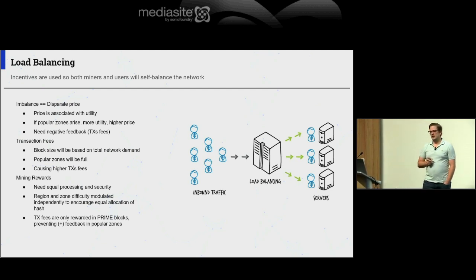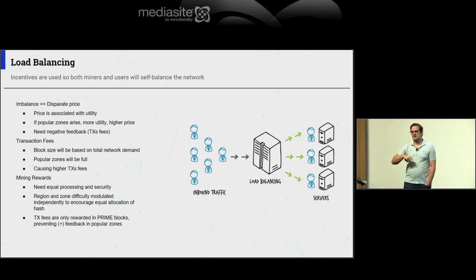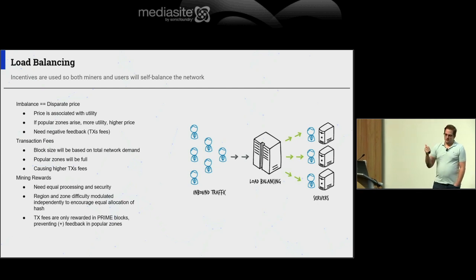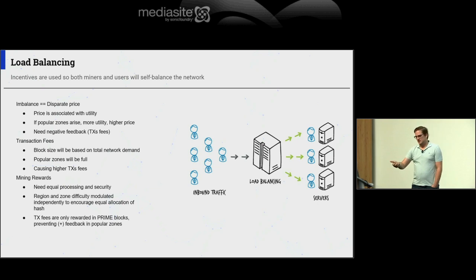So we need to load balance the system both from the supply side as well as the demand side. Because if we have an imbalance in, say, the hash power, we have an imbalance in security. If we have an imbalance in the number of transactions or the number of people using a zone, we have a disparate level of utility, and all these things lead to disparate prices.